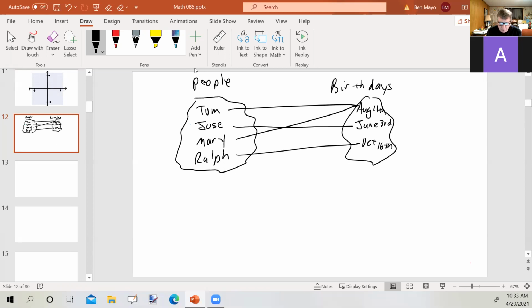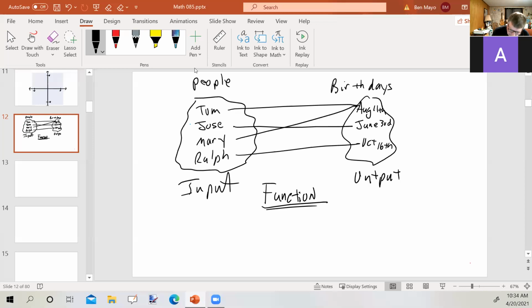Well, this also is how something called a function behaves mathematically. And in a function, we have input and output. The input is called the domain, and the output is called the range.